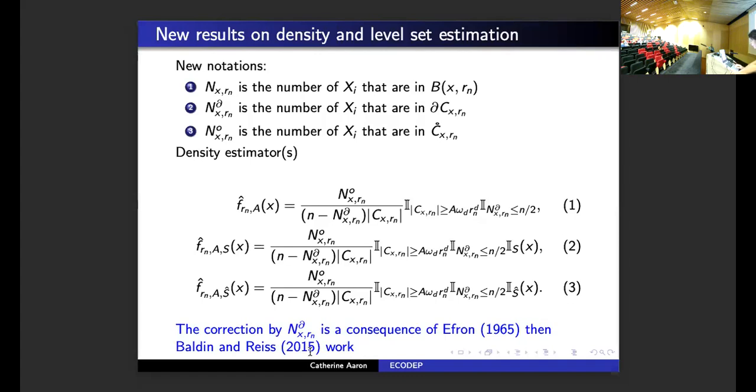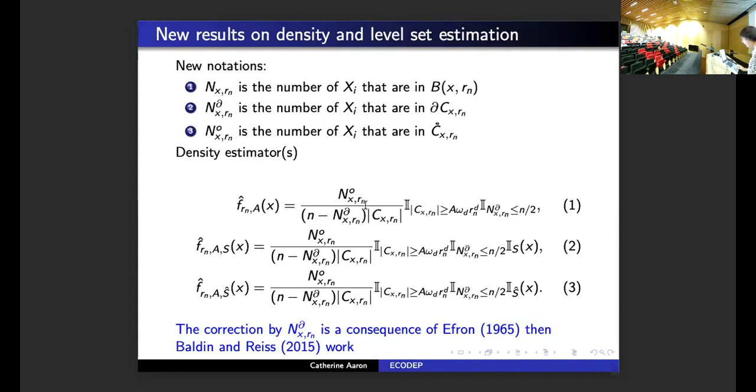Well, we need time. So what is the density estimation? The density estimation is a bit more complex than the one used in the original paper in Ecography by Getz and Wilmers. What do we have?